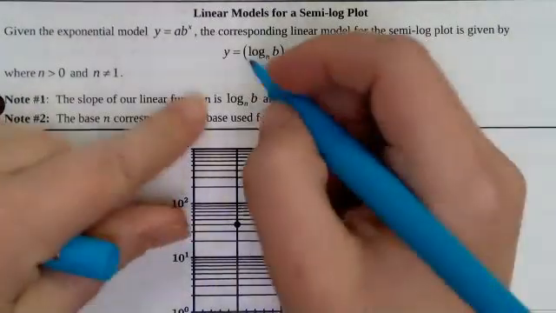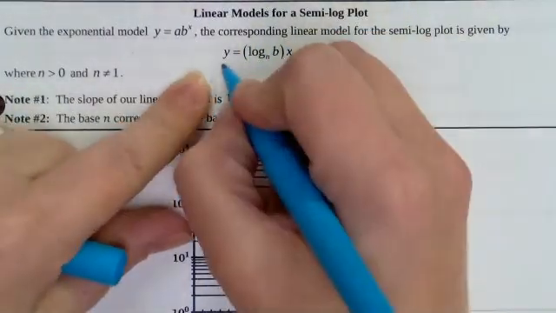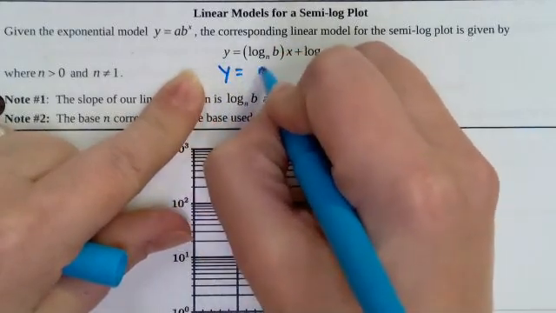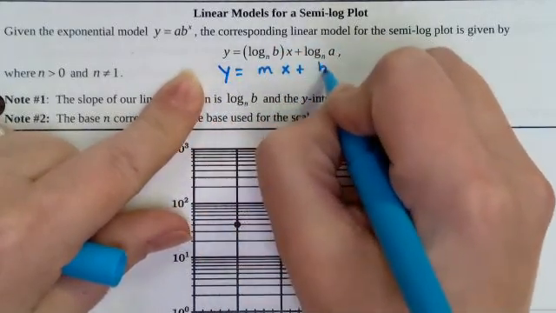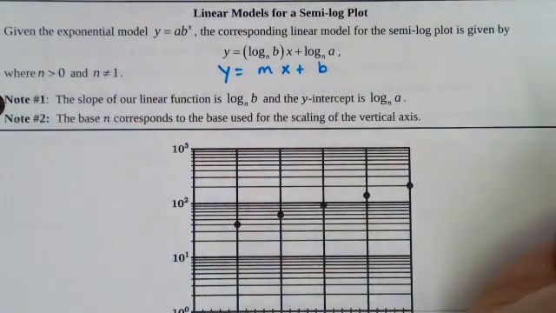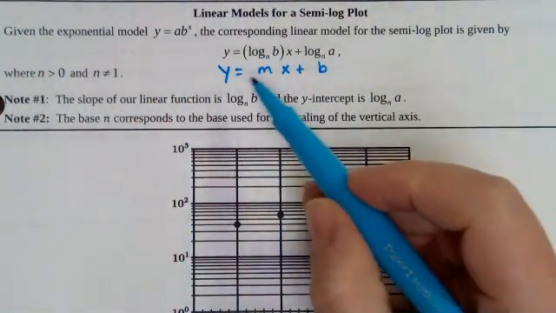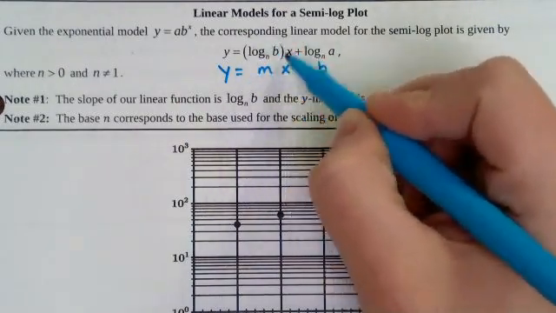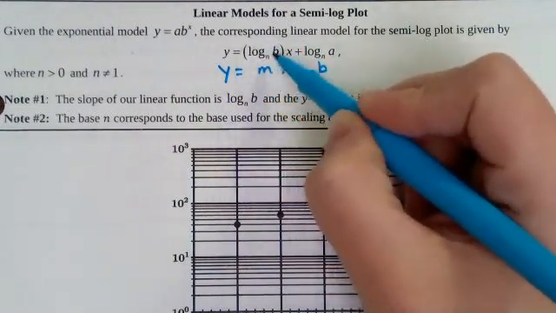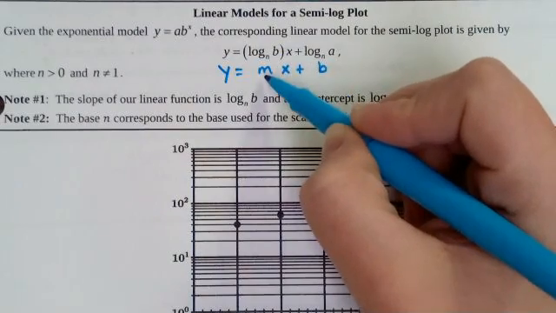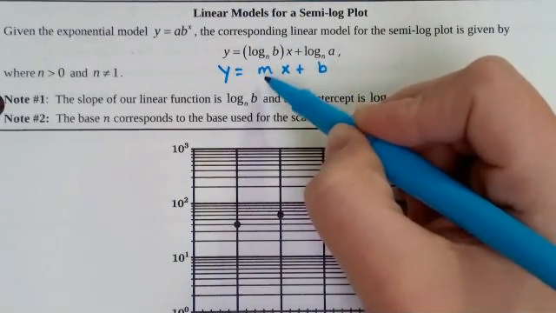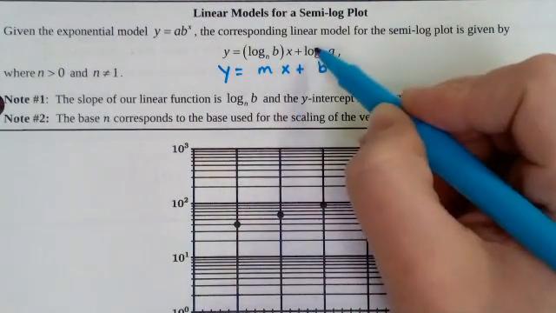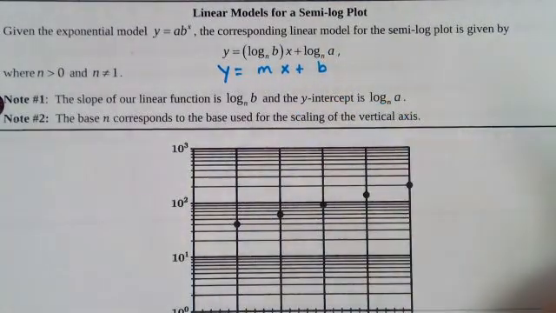So first things first, remember that the equation for a line is y equals mx plus b. When I talk about y equals mx plus b, and we're looking at this format here, I just want you to correlate these things. Log base n of b is my slope in this sense. And log base n of a is the y-intercept.